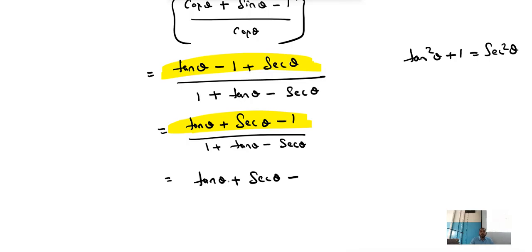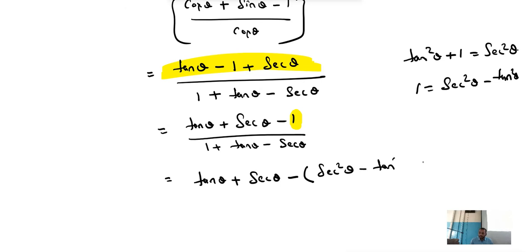Now we have only 1 here. Just a minute, I'll show you. I am doing expansion only for this one. In place of this 1, what can I write? 1 is equal to secant square theta minus tan square theta. Now in place of this one, I am writing secant square theta minus tan square theta.